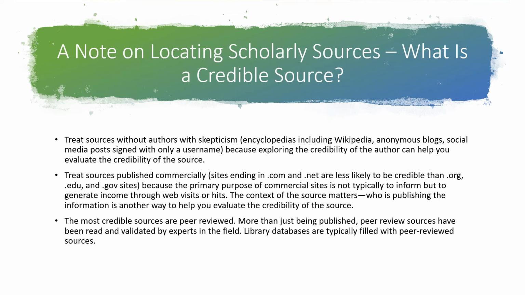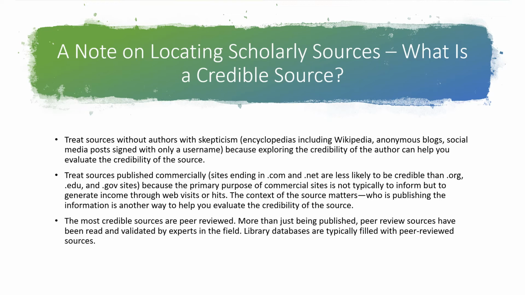Now, if you use the library databases, those resources have been reviewed and included because they are from things like peer-reviewed journals. But there are other ways to use things, right? So treat sources without authors with skepticism. Encyclopedias, including Wikipedia, anonymous blogs, social media posts signed with only a username, right?